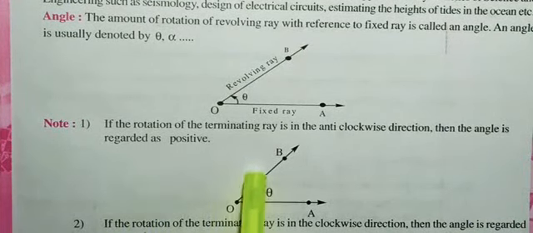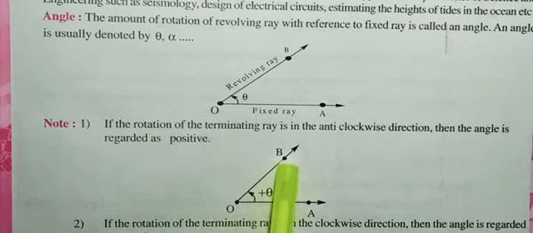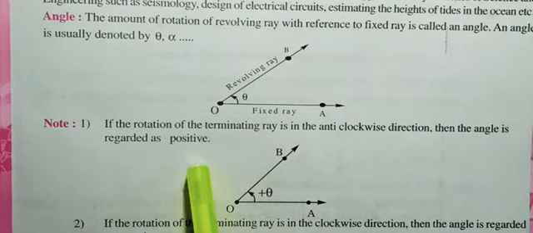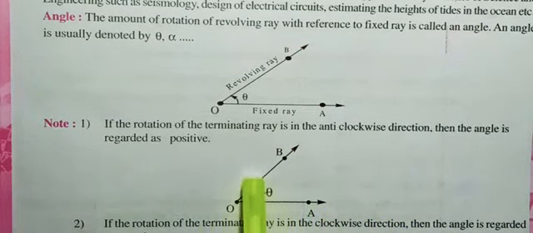If the rotation of the terminating ray is in the anti-clockwise direction, then the angle is regarded as positive. So the rotation of the revolving ray is anti-clockwise, so it is positive.